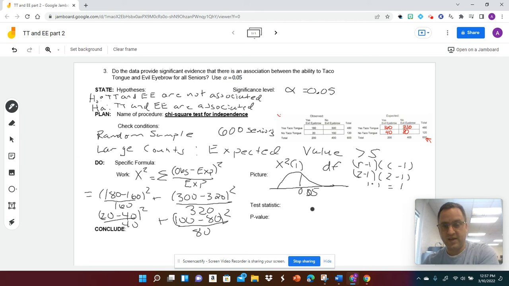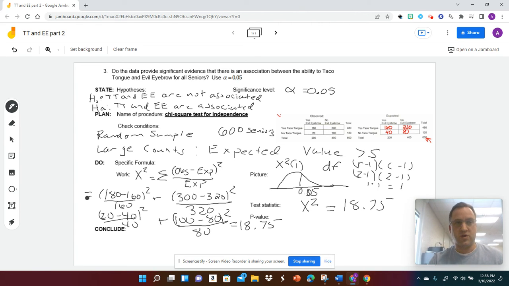And then when you put that into your calculator, you get 18.75. So our test statistic, chi-squared, is equal to 18.75.